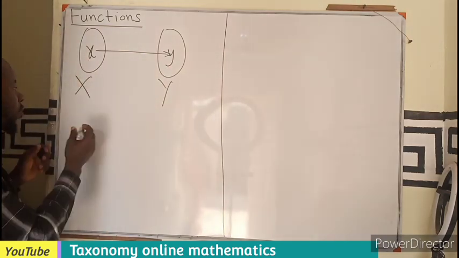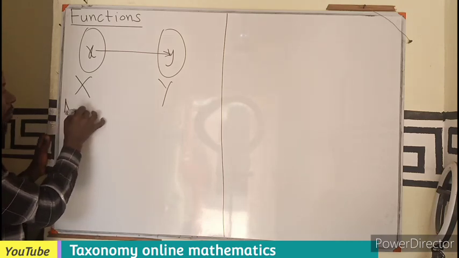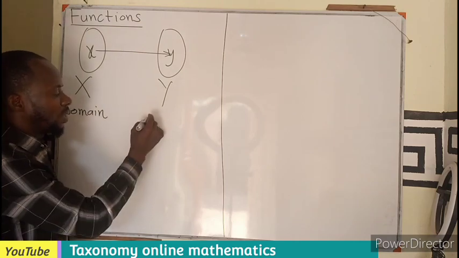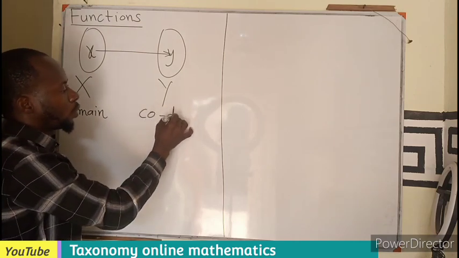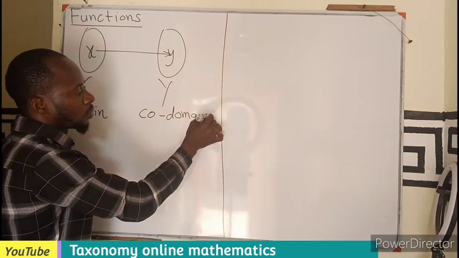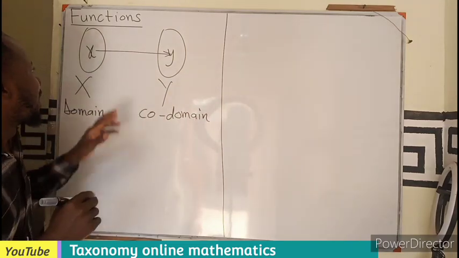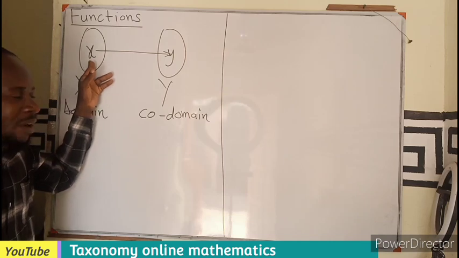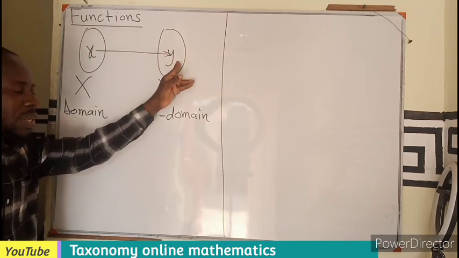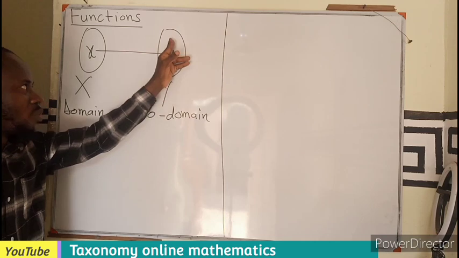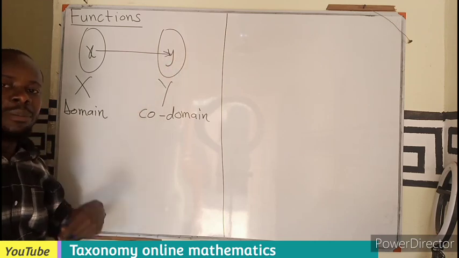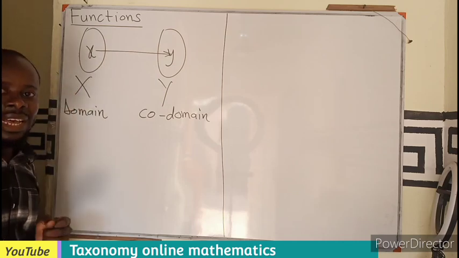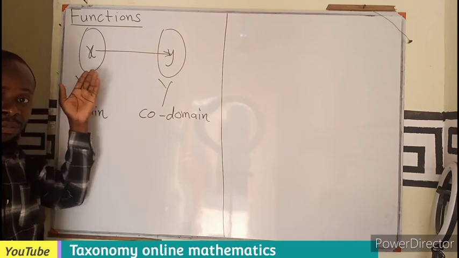The first set is what we call the domain. Then the second set is what we have as the codomain. Good. Now, this is the object that we have. We have each element mapping to the next set. So the element Y becomes the image. So Y is the image of the point or the element what?